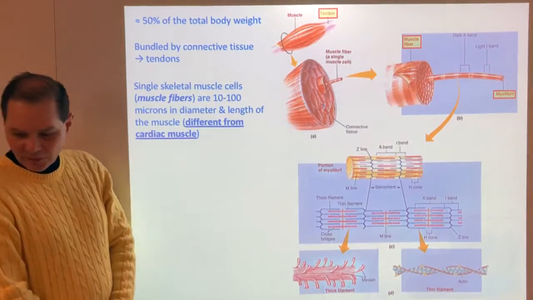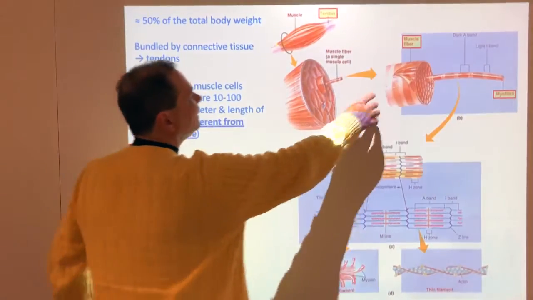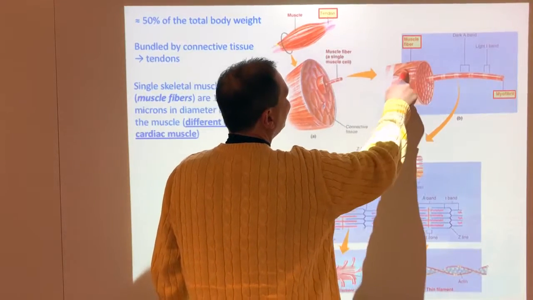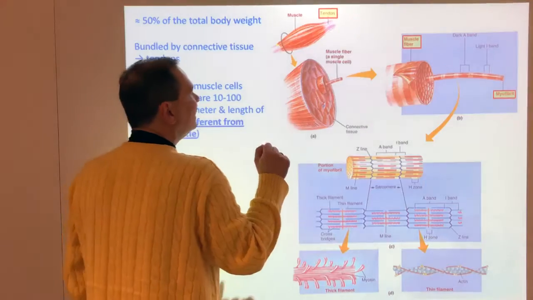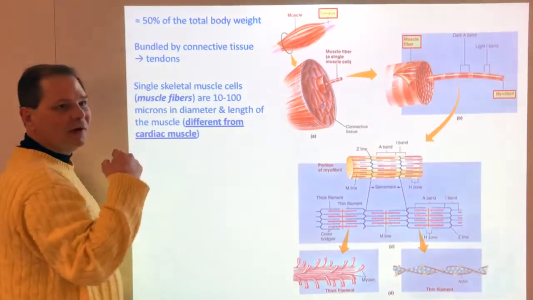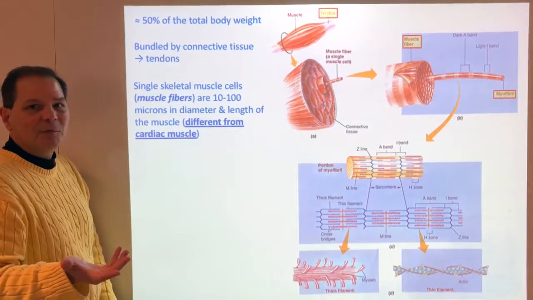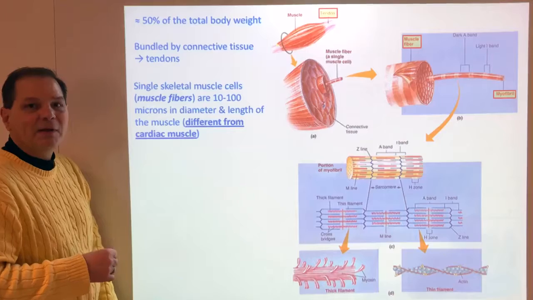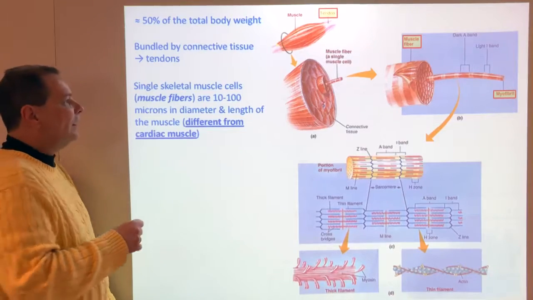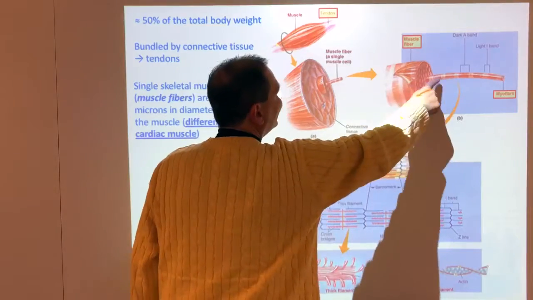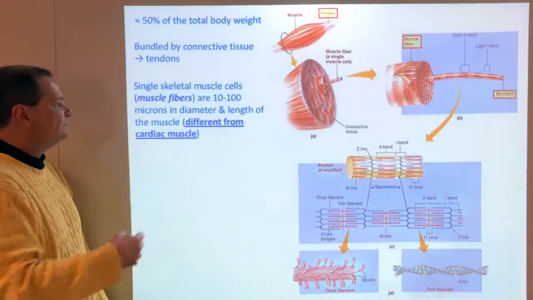So here is our muscle fiber here, okay? One single muscle cell is a muscle fiber, okay? And it is about 10 to 100 microns in diameter. That is different from cardiac muscle, which was about 10 to 20. So it's bigger. The skeletal muscle fibers run the entire length of the muscle, okay?